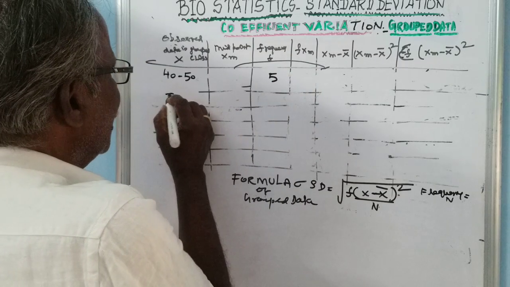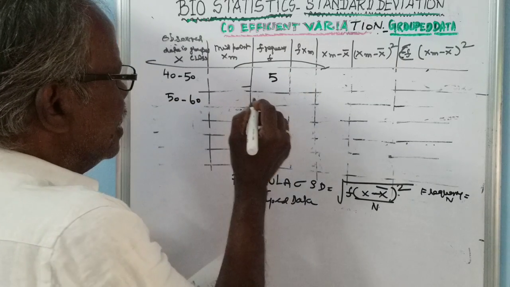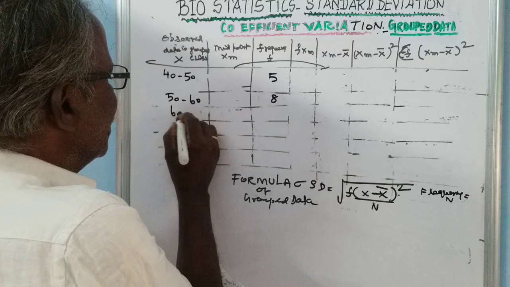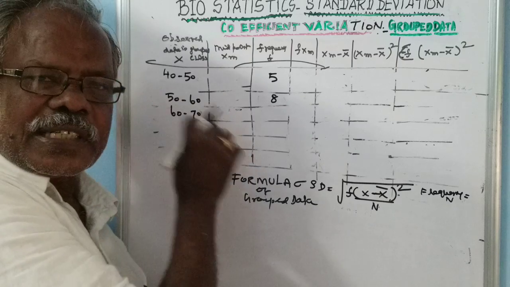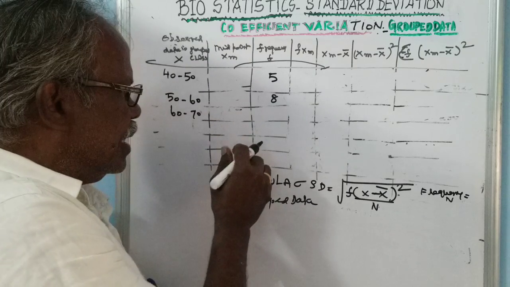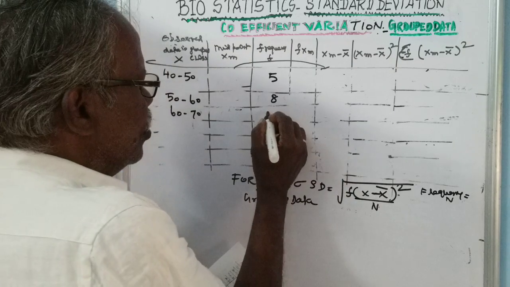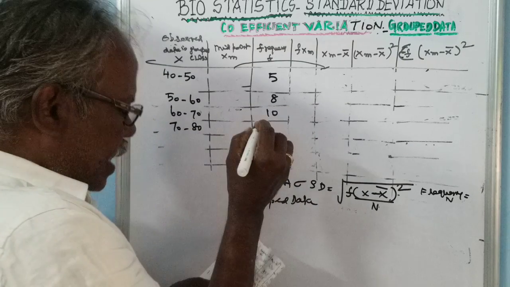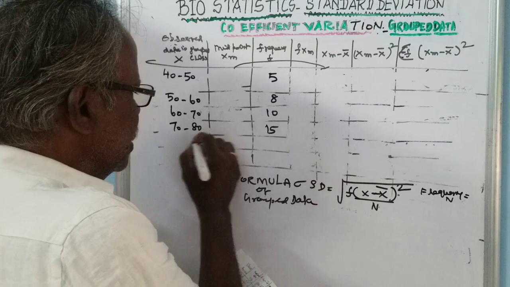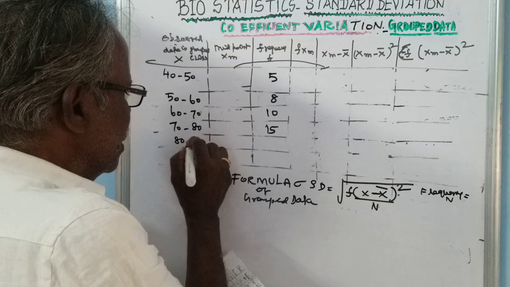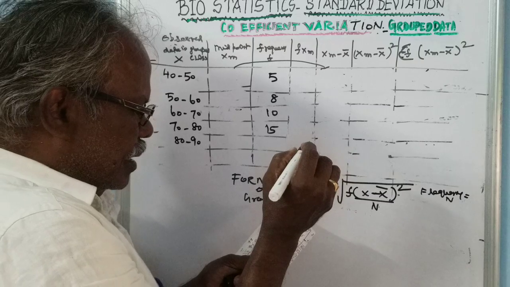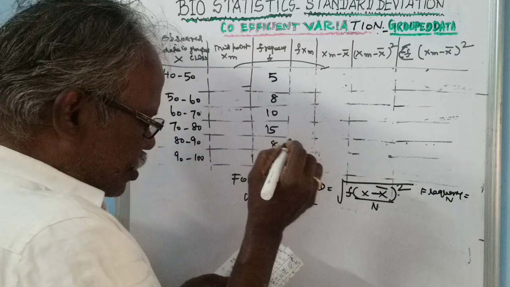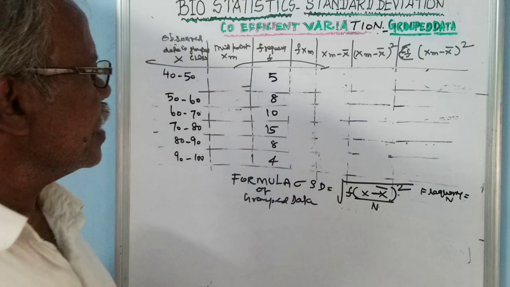Like that, 50 to 60, the frequency is 8, and then 60 to 70, it is 10 fishes. This is called frequency. And 70 to 80, that is 15. 80 to 90, that is 8, and then 90 to 100, the frequency is 4.